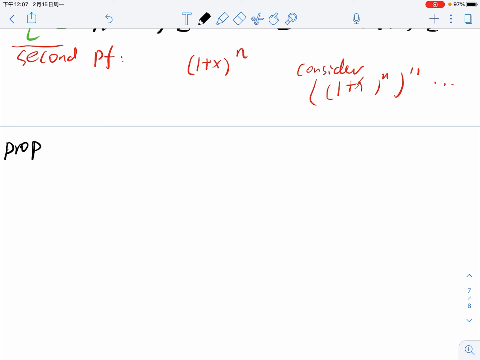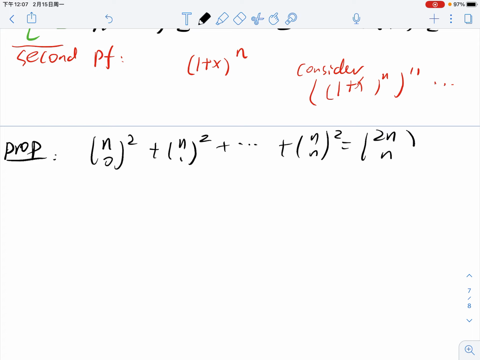Okay, next interesting property: we can sum up the squares of n choose 0, n choose 1, all the way to n choose n. This is 2n choose n.